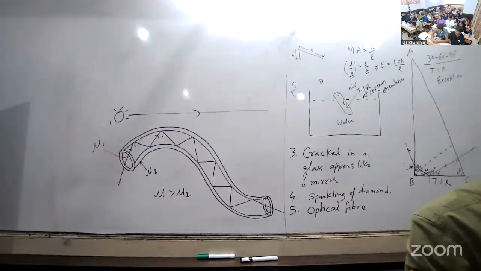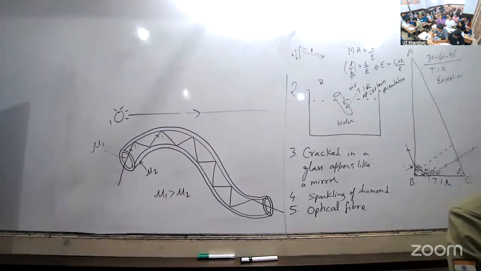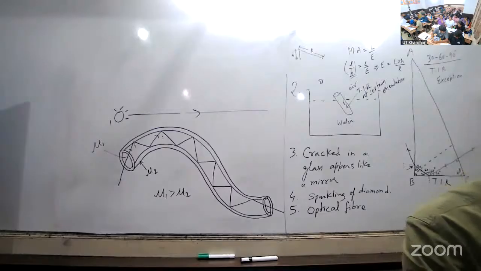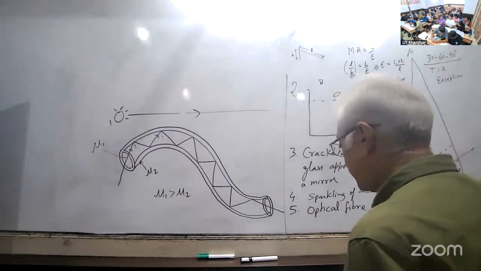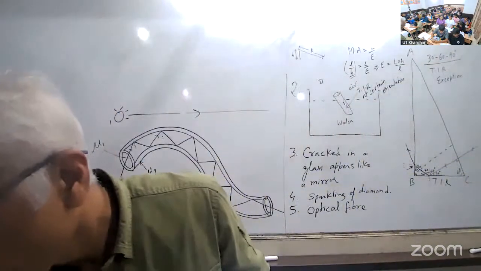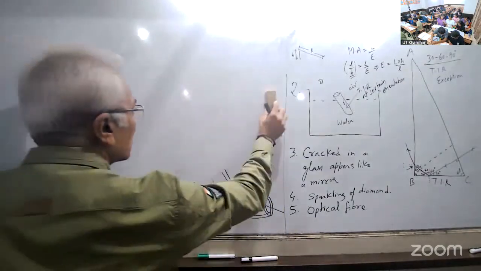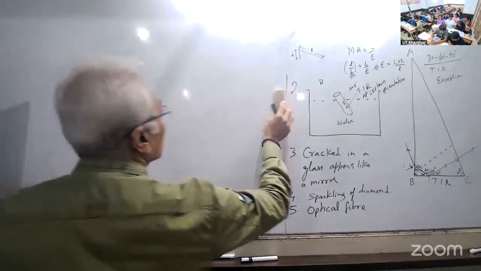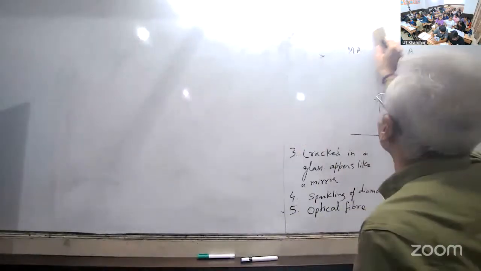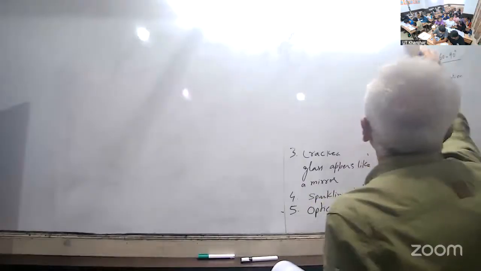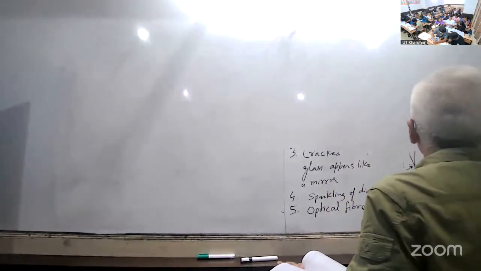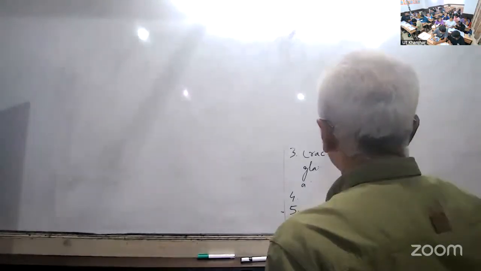Okay, let's do numericals first, then we'll go to the review questions. Come to numericals, page 76. So this chapter has very few numericals, right?